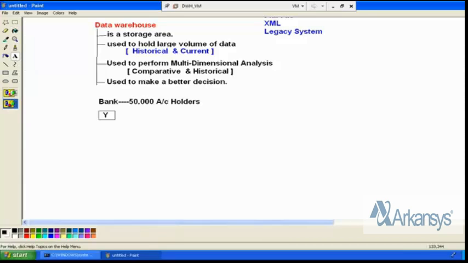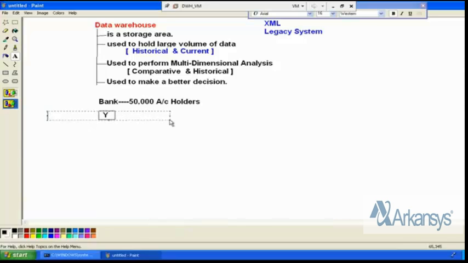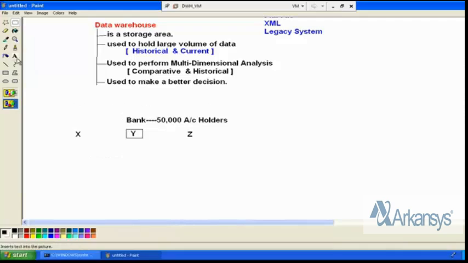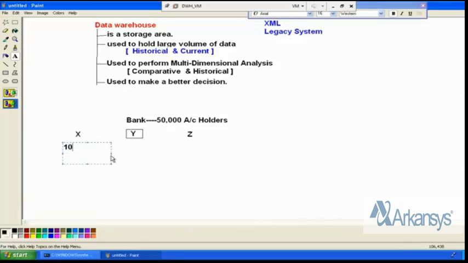So the employee has read these 50,000 customer addresses, and he told that these customers belong to 3 different regions, X, Y, Z. From X region, he mentioned that approximately 10,000 customers are there.